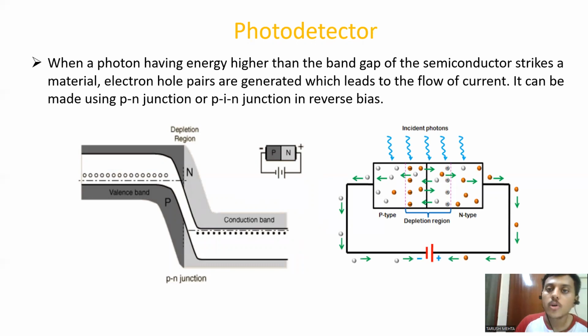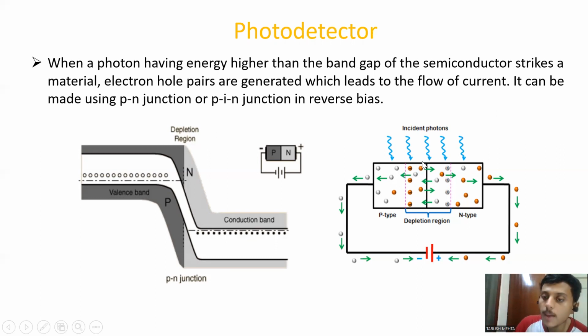Now, for the design of a photodetector also, we use a simple PN junction diode. Whenever some photons are incident on this PN junction, new electron hole pairs are generated.